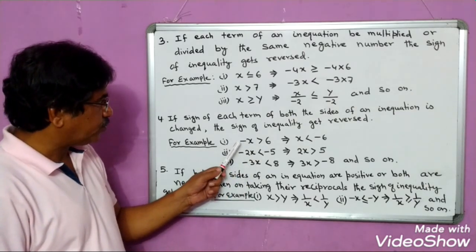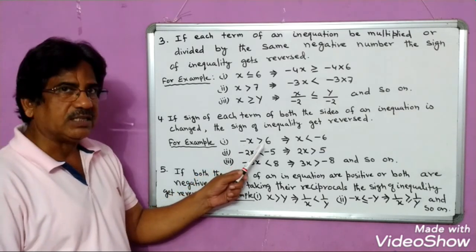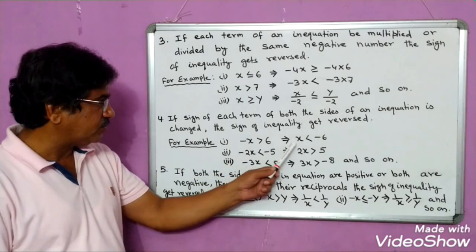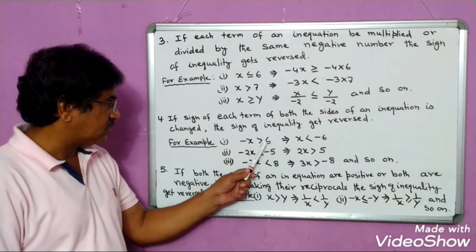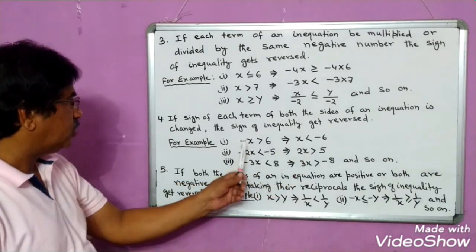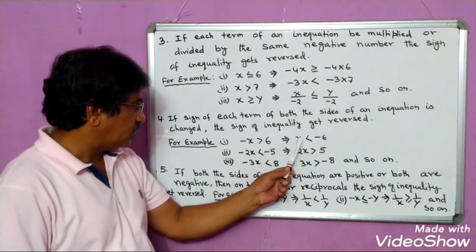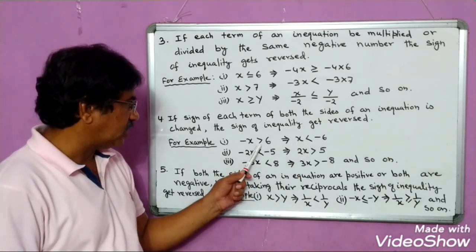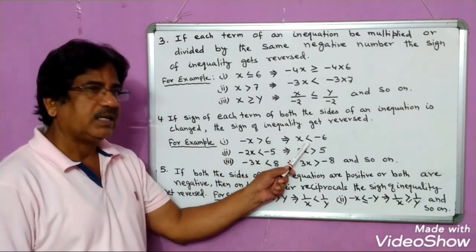I am going to multiply minus to both the sides. So when I multiply minus to both the sides, minus x becomes plus x and 6 becomes minus 6. Since both the sides' sign is changed, the inequality sign gets reversed. Here it was greater than, next step it will become less than.